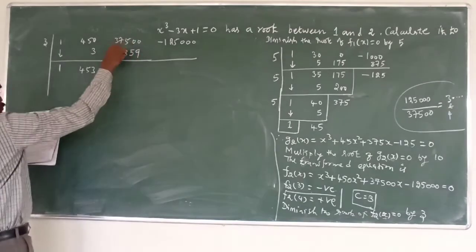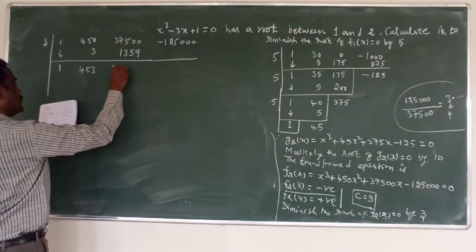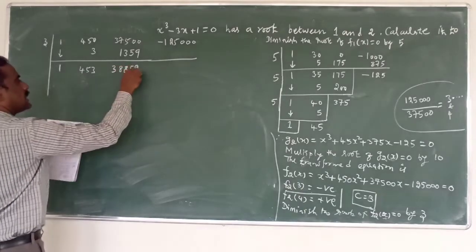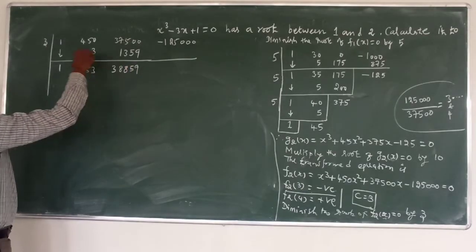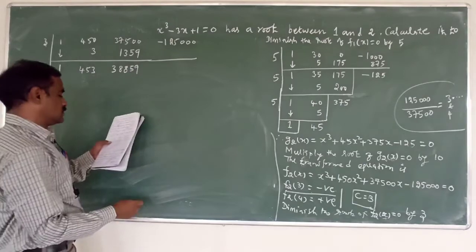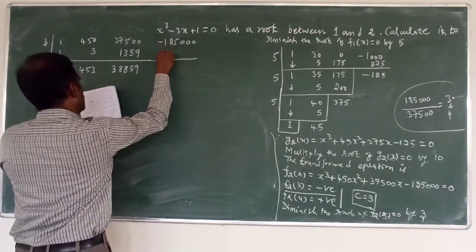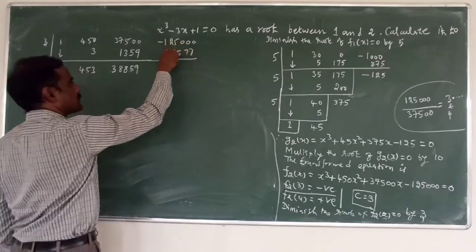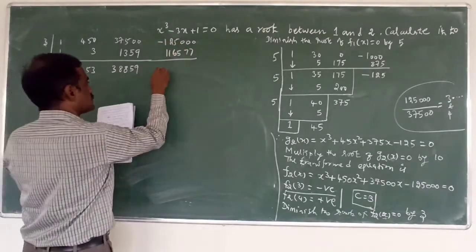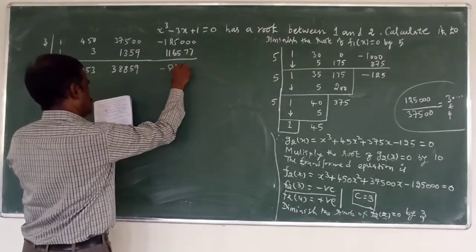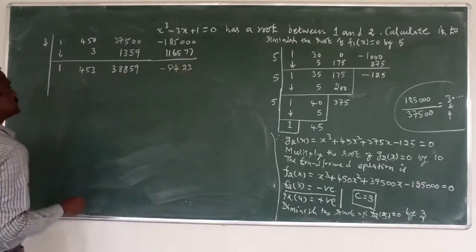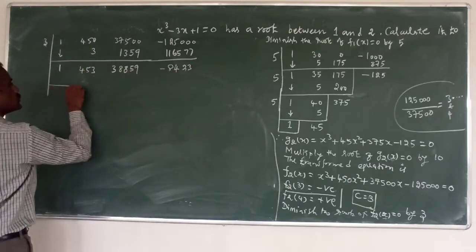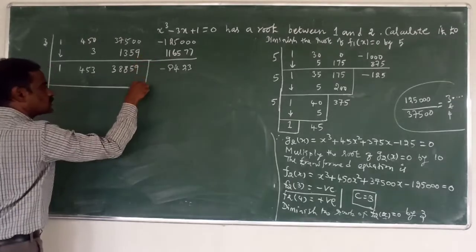Now to add these two, next 38,859 and 38,859 multiply with 3. Now we can get the result 65,77. Now to subtract these two, the result is 8423 minus. Now this is a constant value, you can leave it that one.